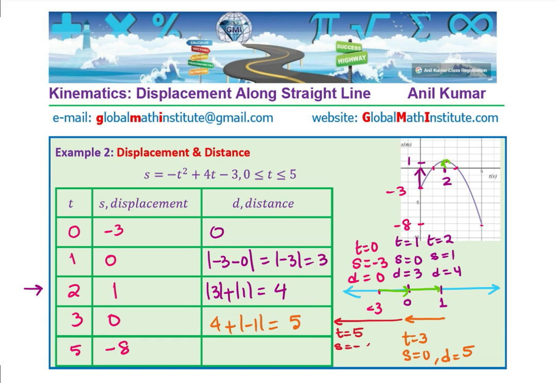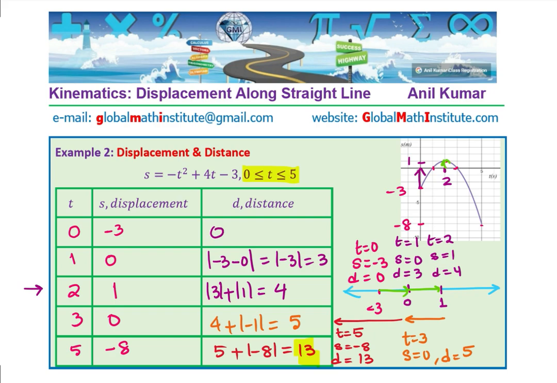Displacement is minus 8. But as far as the distance is concerned, it added 8 more meters to 5 and becomes 13. That makes sense to you, right? So 5 plus 8 gives you 13. So total distance in this duration, which is from 0 to 5, is 13 meters.